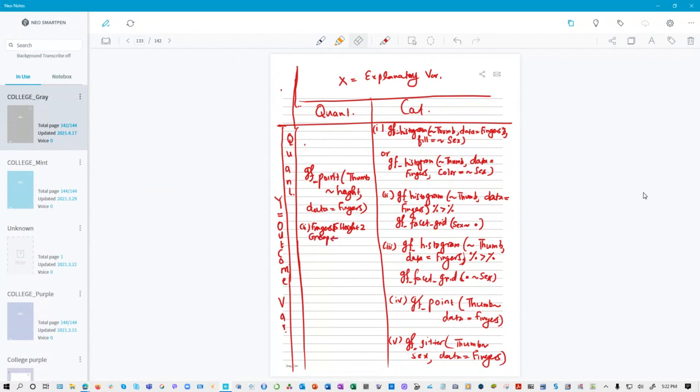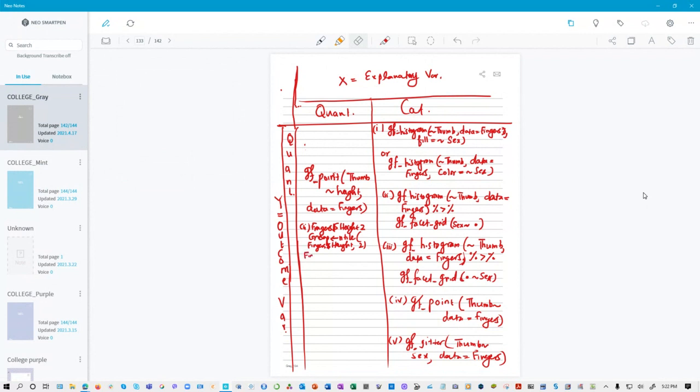You go inside fingers and select height, comma 2, and then convert this into a factor.